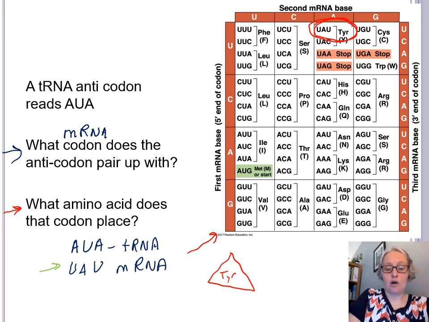Okay, so I know now that if I've got a tRNA molecule that has the anticodon AUA, it should match up with an mRNA molecule that reads UAU, and it should be able to pick up the amino acid tyrosine.